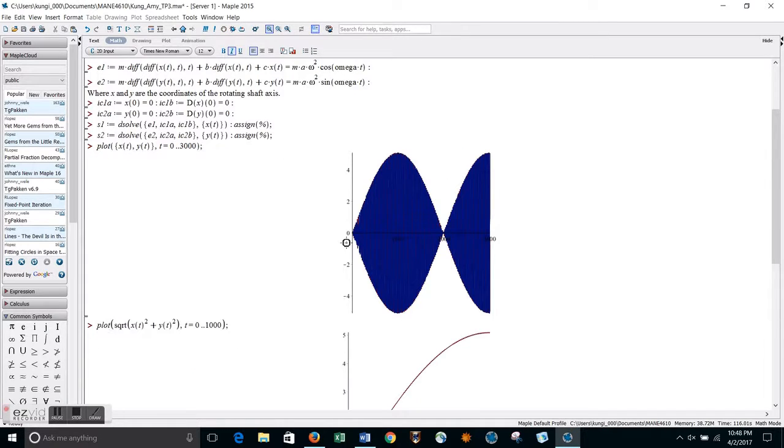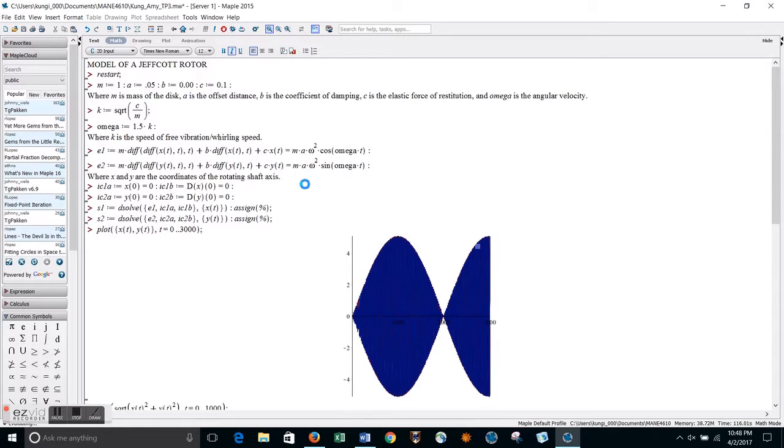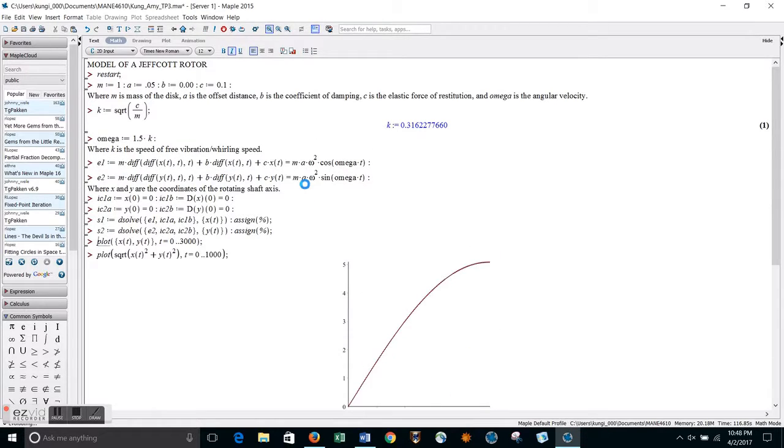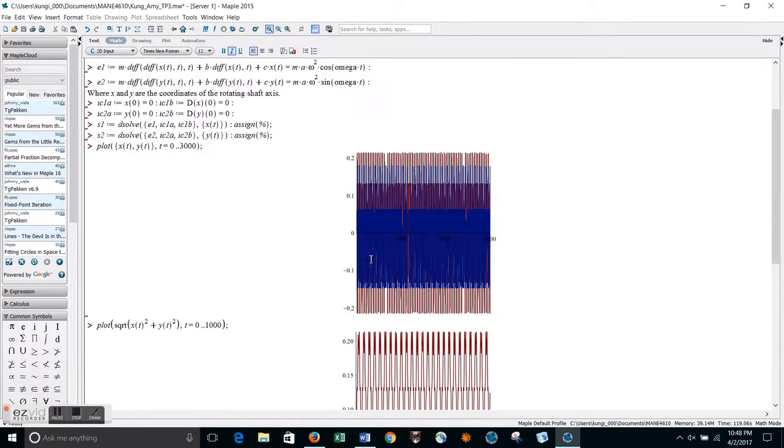You can see that the infinite phenomenon is gone, and we're back to an extremely big amplitude and the beating phenomenon. And if we bring this even further past k, you'll see that it essentially resumes normal function here.